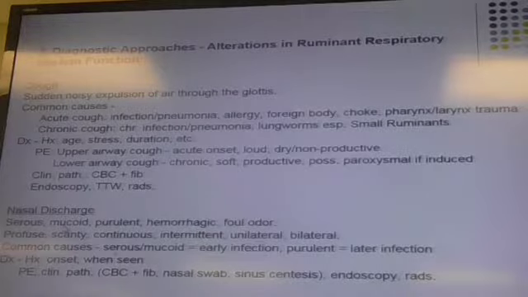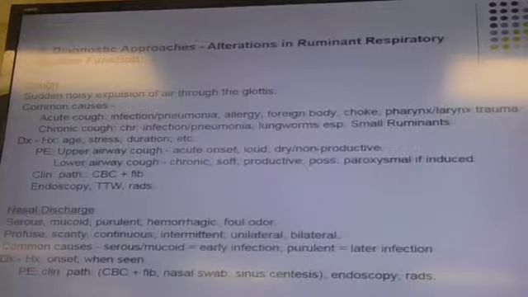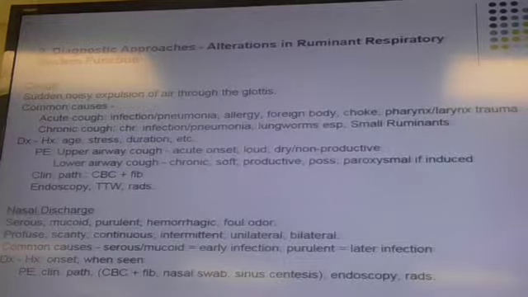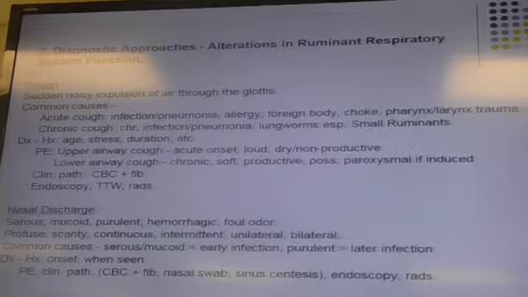All right? And continuous versus intermittent, same sort of thing. Are you getting a continuous discharge, so the infection's probably taking hold, whereas intermittent, it might just be starting. And unilateral versus bilateral, what that can help you with is how far back in the nasal passages the source of the infection is, before you get to your septum, so is it further back in the sinuses, or is it more rostral, as to whether the discharge is going to be from both nostrils or just one nostril.